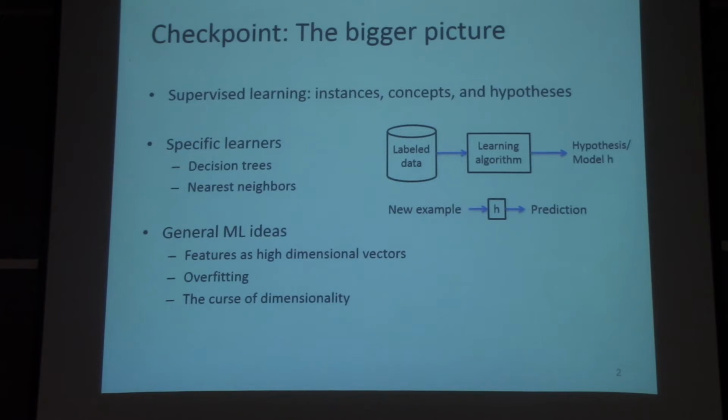The other one that we saw in the last lecture was the curse of dimensionality, which is this intuition that if you go into high dimensional spaces, just be careful when you start reasoning about distances. And an underlying assumption we made through all of this was that you can think of features as high dimensional vectors. Now, I'm fairly certain that some of you are not very comfortable with the idea of high dimensional vectors, but I would suggest you get comfortable soon because we'll be doing a lot of that. Any questions?